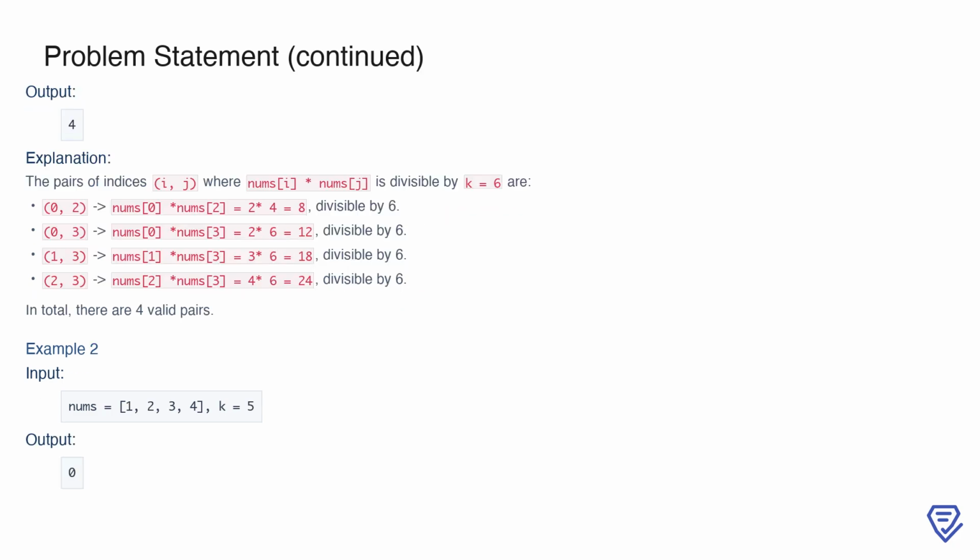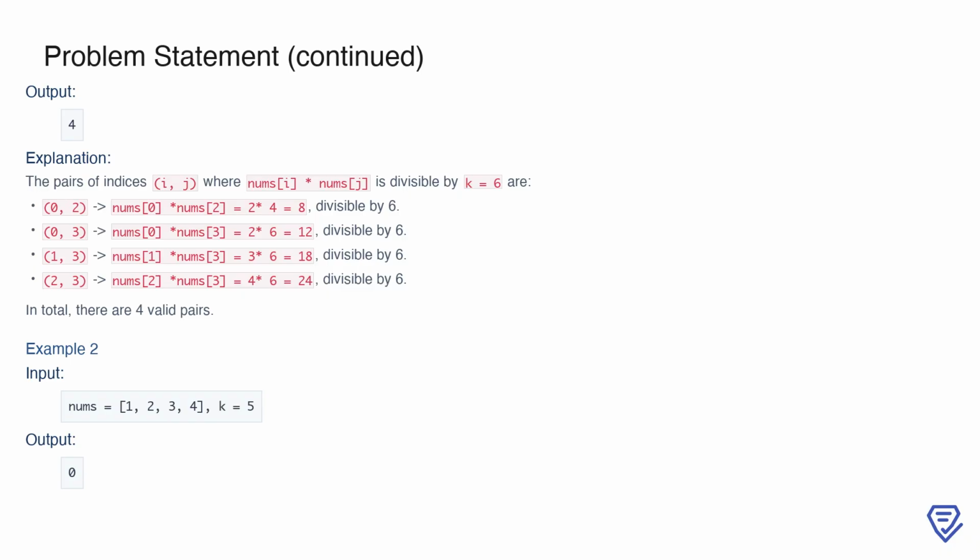Let's look at the first example to understand this problem better. Here, nums is [2, 3, 4, 6], and k is 6. The output is 4 because there are exactly 4 pairs of indices (i, j) where the product of the numbers at those indices is divisible by k. For instance, one pair is (0, 2), where nums[0] * nums[2] equals 2 * 4, which is 8.